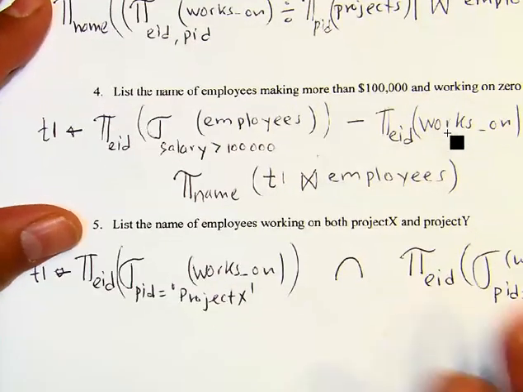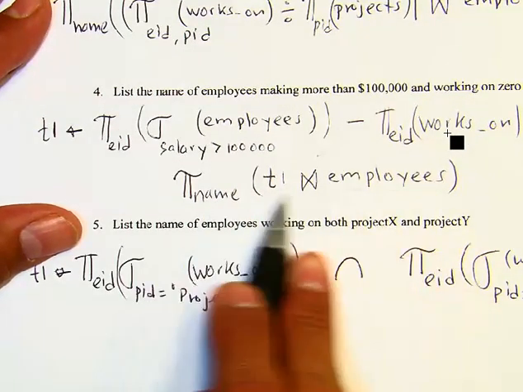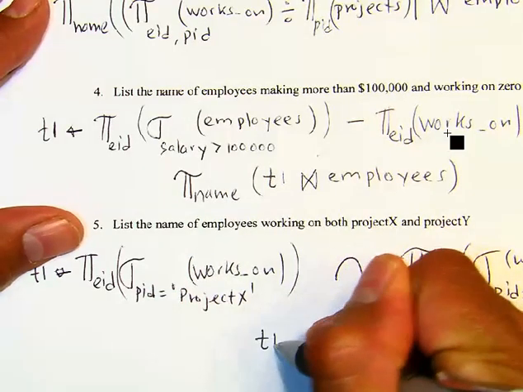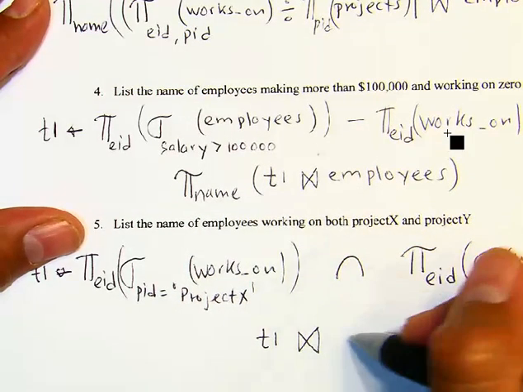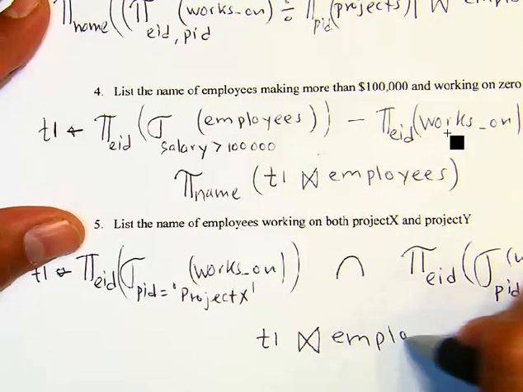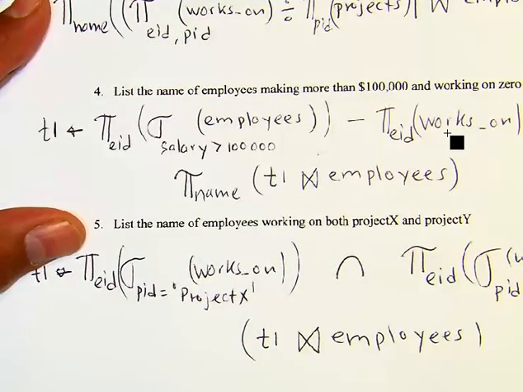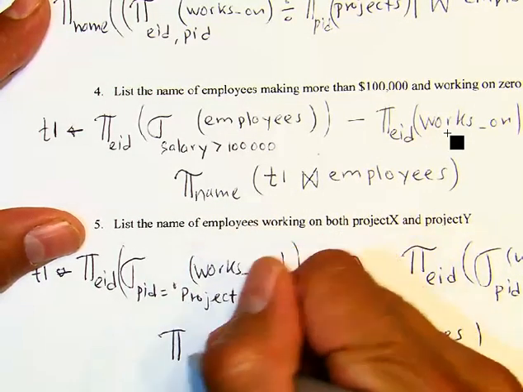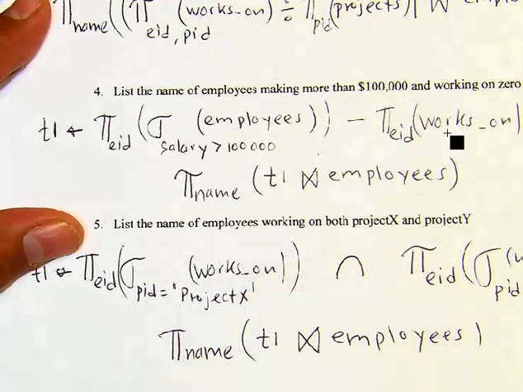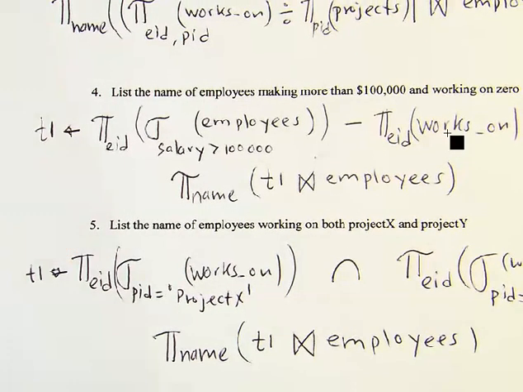And then again, if I want the name, I will do something similar to before. So we do T1, join that with employees, and then project that on name. And then we get the answer. Thank you.